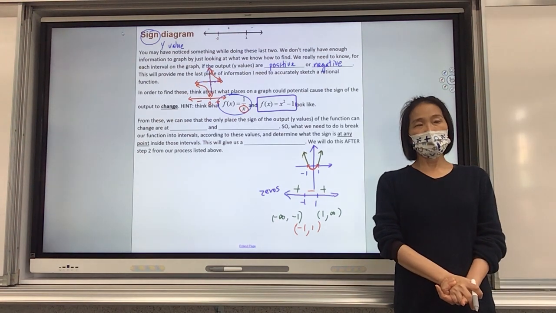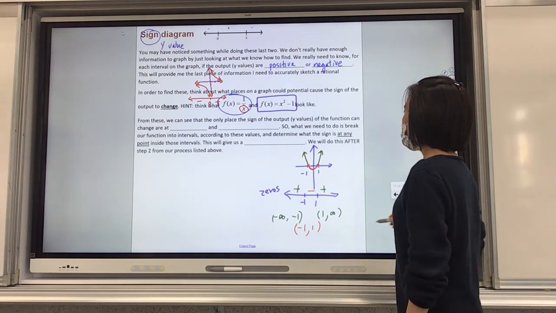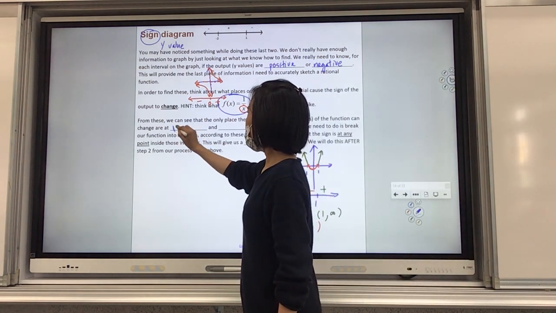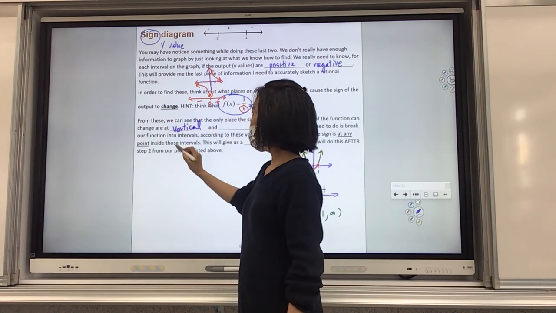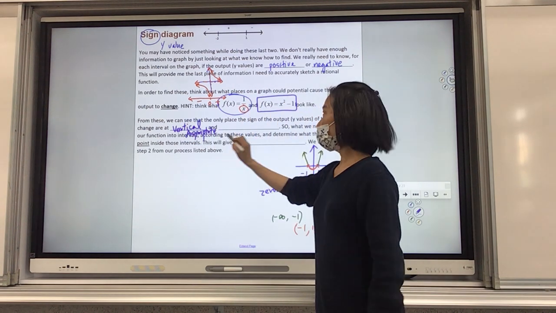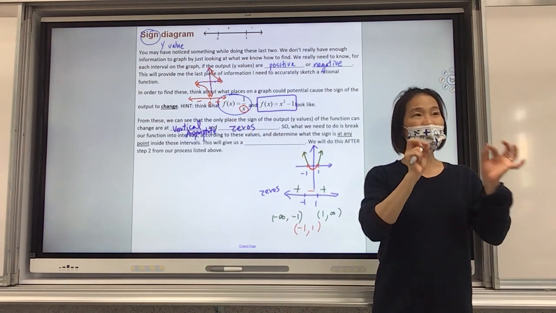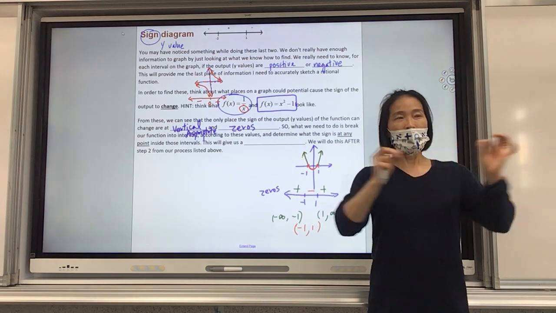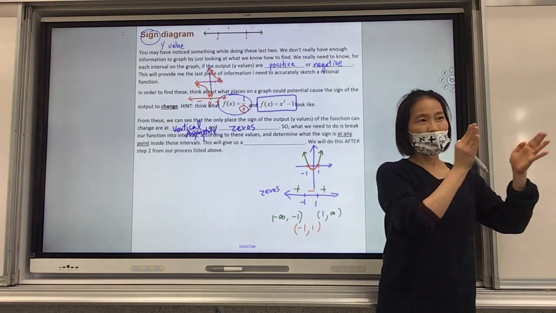So a rational function has both. For a rational function, I can find the vertical asymptote, where the x value is. And I can find the zeros. All these values of x, I have to plot on the number line and check each interval.